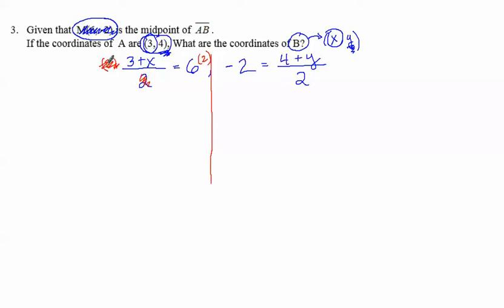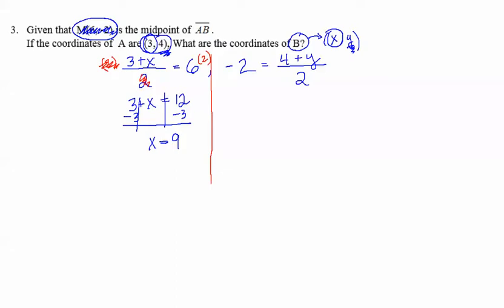It's like if you use $1 to buy a bottle of juice, you cannot then go ahead and use that same dollar to buy a bag of chips. It's already been used. So we have 3 plus x is equal to, remember this is now 6 times 2, so it's a 12. Then we solve this, subtract 3 from both sides, and x is equal to 9.